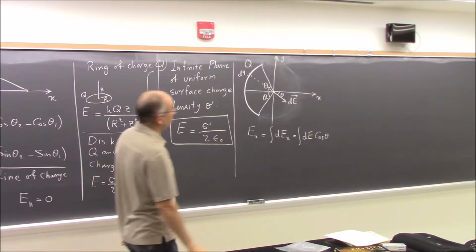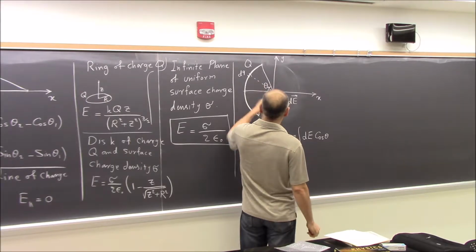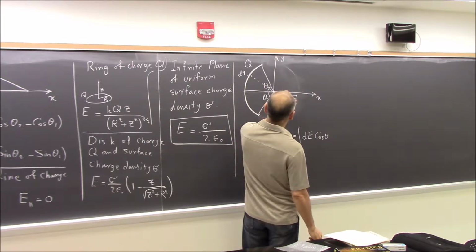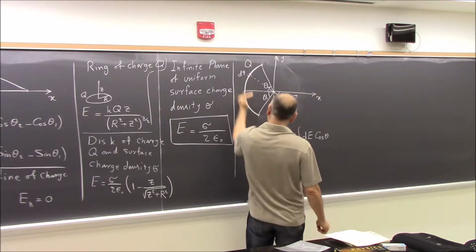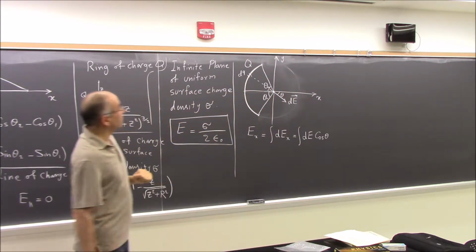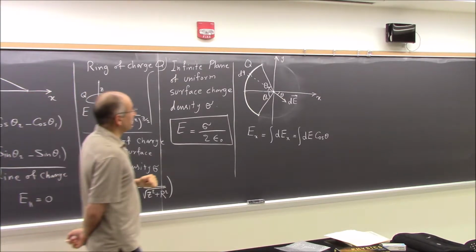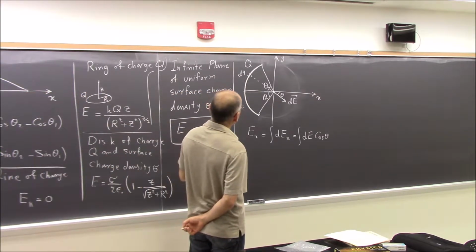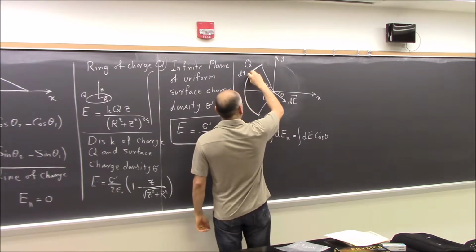And now I need to write everything in terms of some variable. I think it is best to write everything in terms of the angle because this is a circular symmetry kind of thing. We can write everything in terms of this angle. So let's say this makes an angle d theta around here.